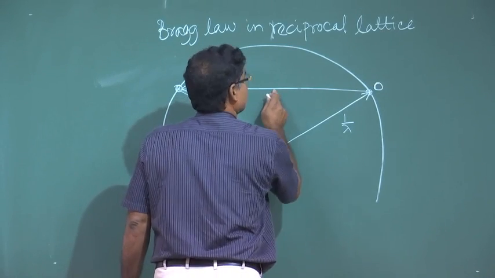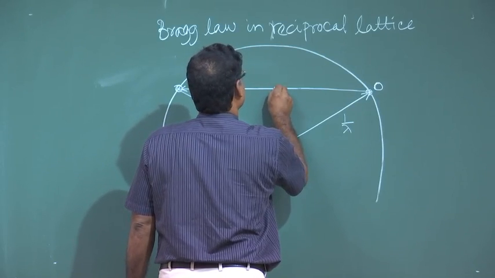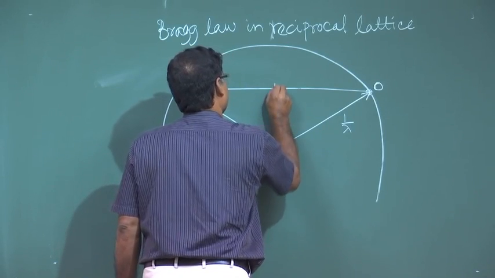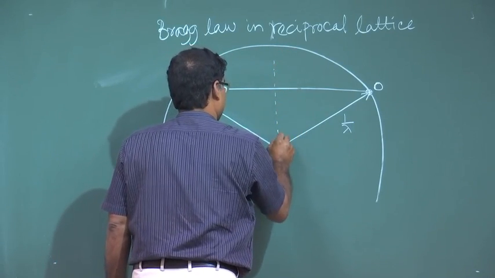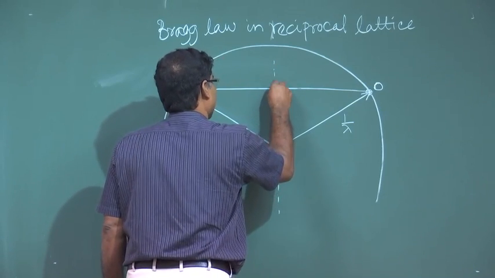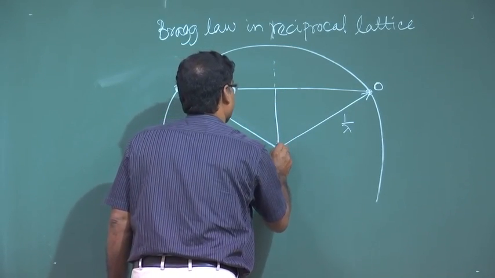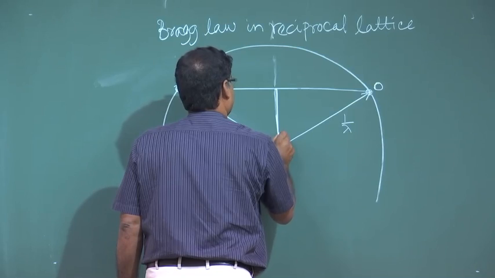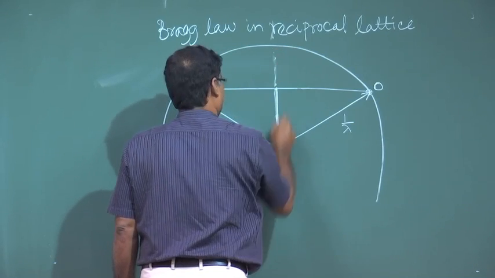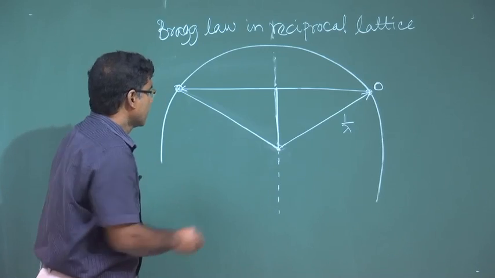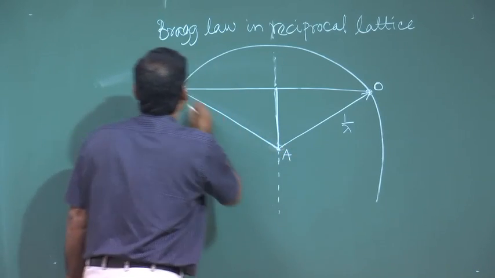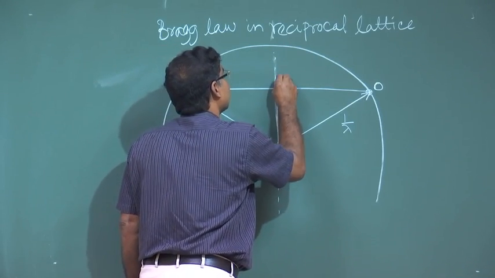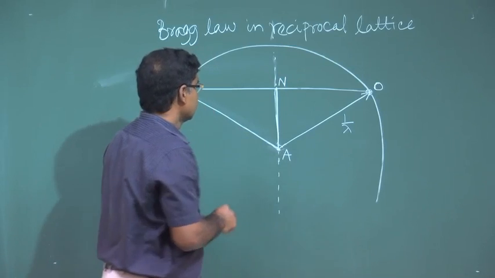So, it will be the bisector of a crystal plane. Let us take this as point A, this is B, this N.